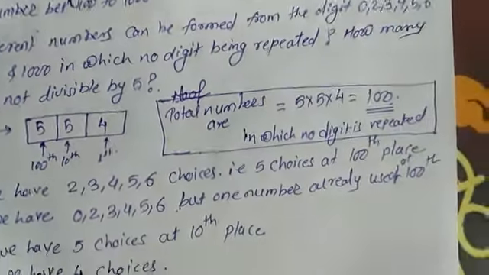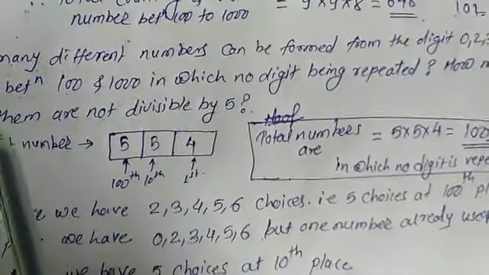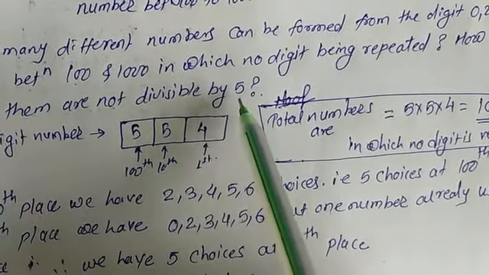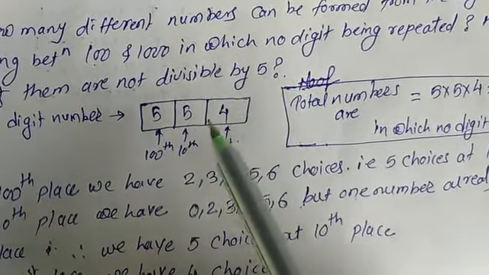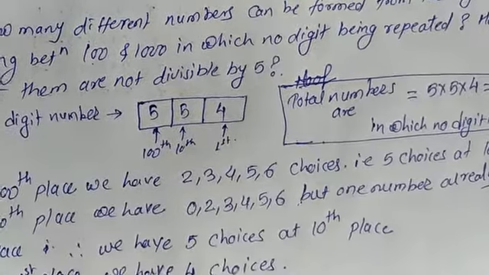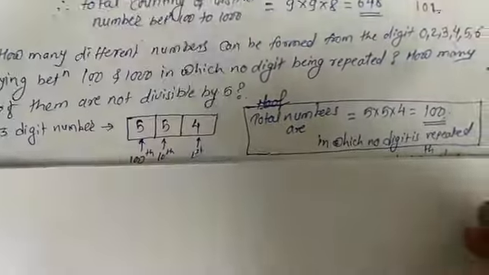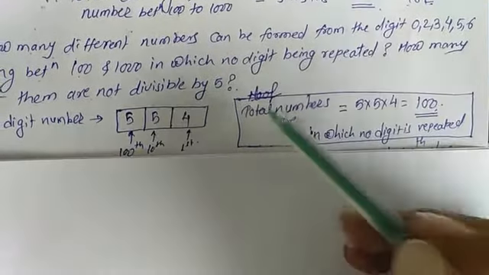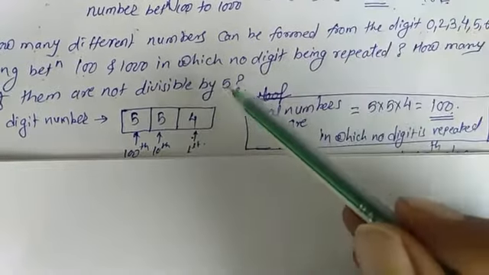Okay, now here the second question is: how many of them are not divisible by 5? So first of all we have to find the numbers divisible by 5. Here from these numbers 0, 2, 3, 4, 5, 6, if the unit place is 0 or 5, it will be divisible by 5.